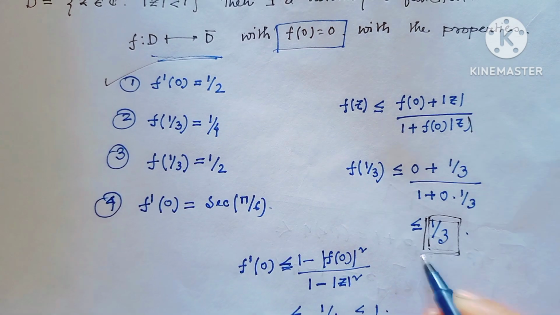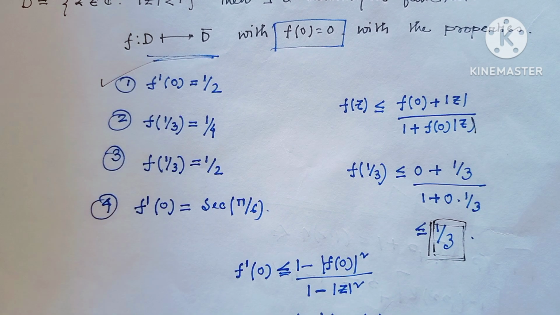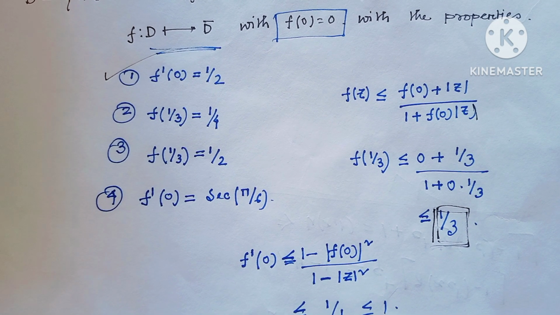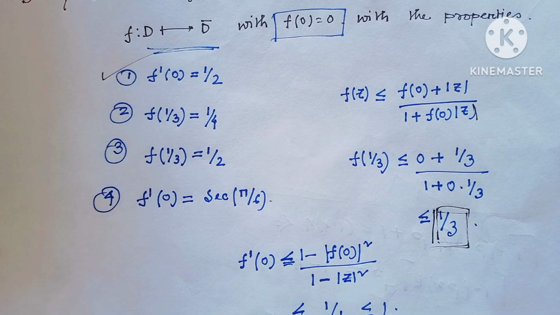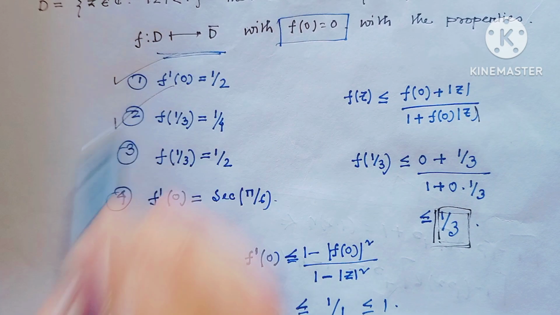In my previous video I had seen this, and 1/4 is always ≤ 1/3. So option 2 is possible.